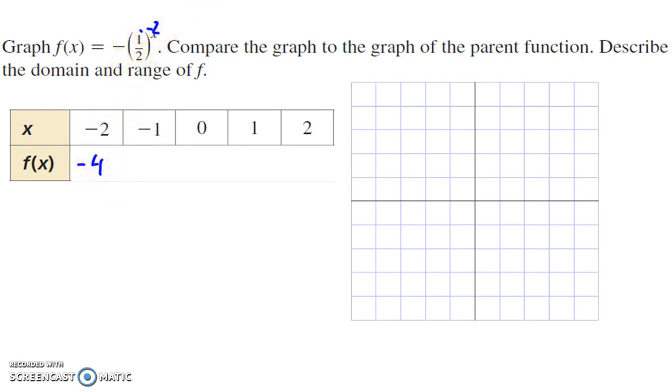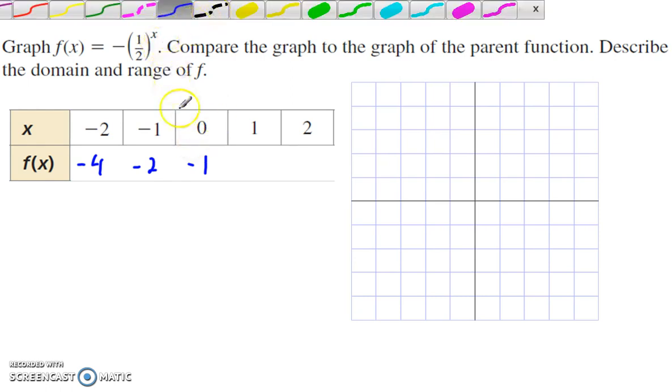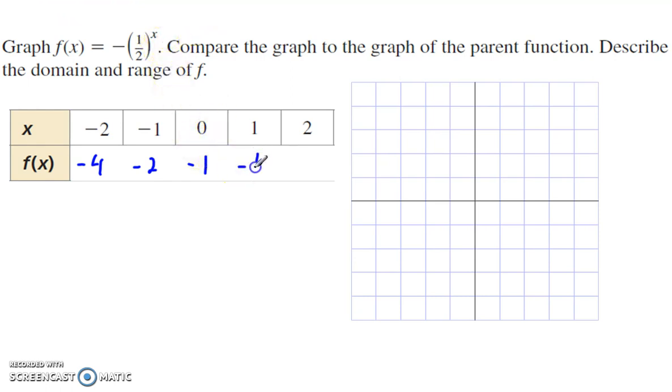Then if I plug in -1, that would just flip the fraction, and then we have a negative, so that's -2. 0 means this is 1, so that makes that -1. Plug in 1 here, we get -1/2. And plug in 2, if I square this, I get 1 squared over 2 squared, which is 1/4, and there's a negative out in front, so -1/4.